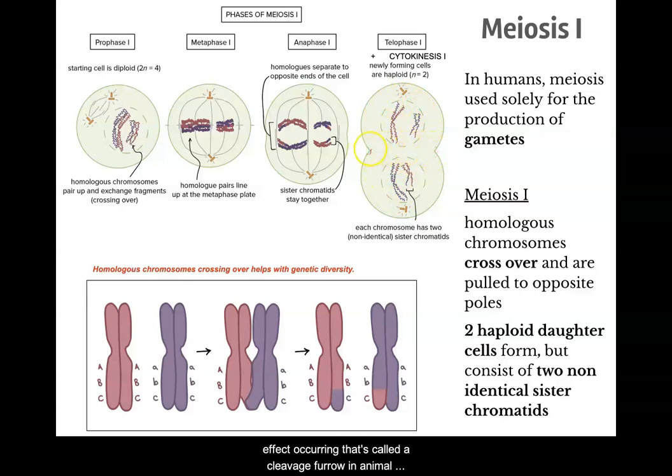That's called a cleavage furrow in animal cells, where we get cell splitting. The cytoplasm is going to be splitting, breaking off until we end up forming completely whole new cells. At the end of meiosis I, we get two daughter cells that are now haploid. We halved the genetic material, and they are genetically different from the starting point.